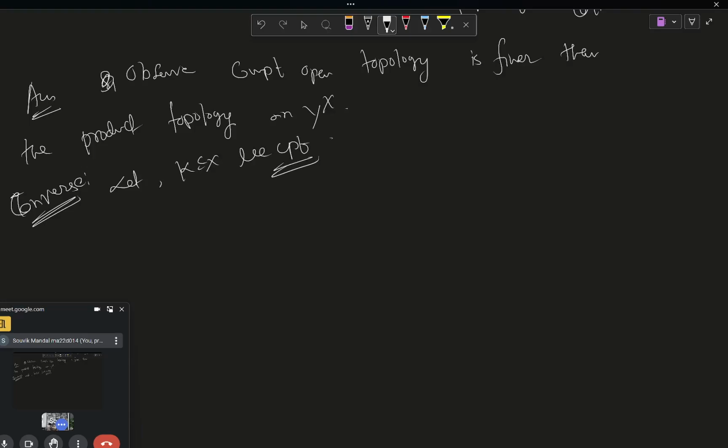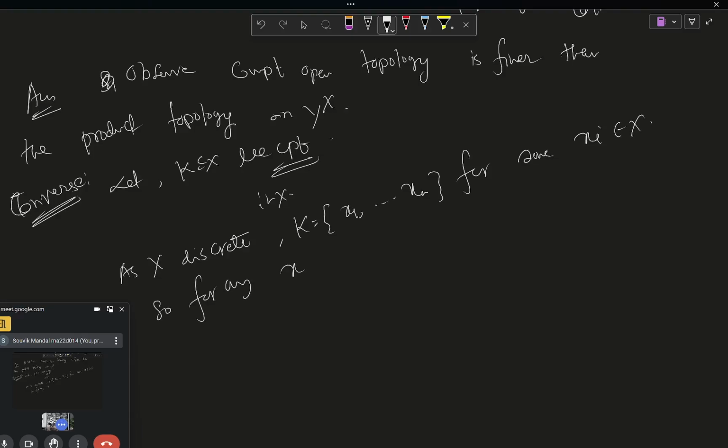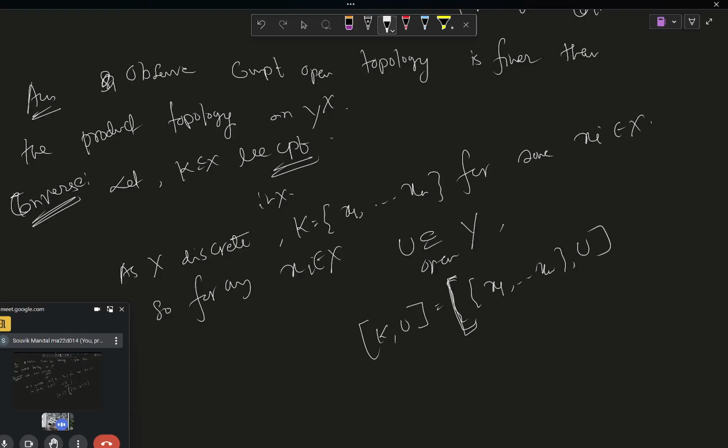Now X is discrete, so K is equal to {x1, x2, ..., xn} for some xi belonging to X. So for any open subset U of Y, the set [K, U] is all those functions mapping x1, x2, ..., xn into U, which is nothing but the intersection of the inverse images of U under the projections phi xi.